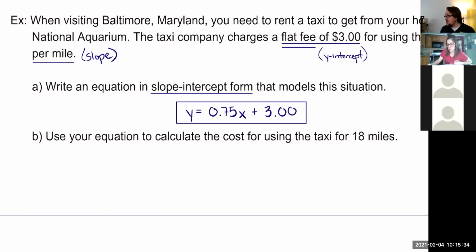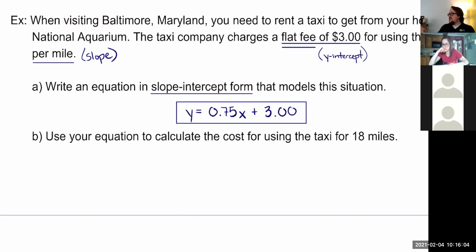Those apps use something like Google Maps to map out the distance, which gives you your miles. It plugs it into their equation, which probably looks kind of like this one, where they charge you a flat fee for using their service. And then they add to that, because a longer trip is going to be a more expensive cost. So those apps are using these linear equations.